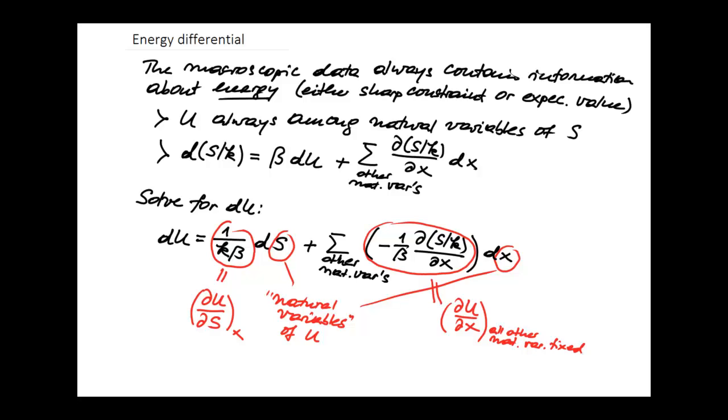So with respect to the energy, entropy S and the x's are the natural variables, and these partial derivatives, the coefficients in front of the differentials, are the conjugates of these natural variables.